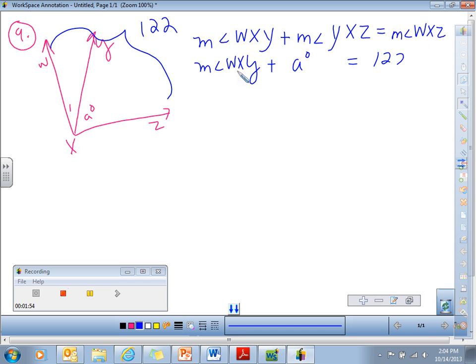If I'm having an expression for this, I would subtract A on both sides. The measure of angle WXY is equal to 122, because it's the whole angle, minus A. You take the A away, you're left with this angle, which is what it asks us to find an expression for. Mario? Where'd you get 122 on the problem, number 9? You get? Yes.